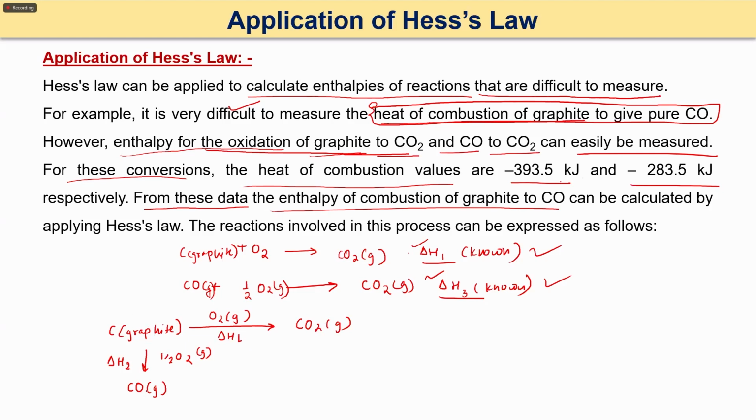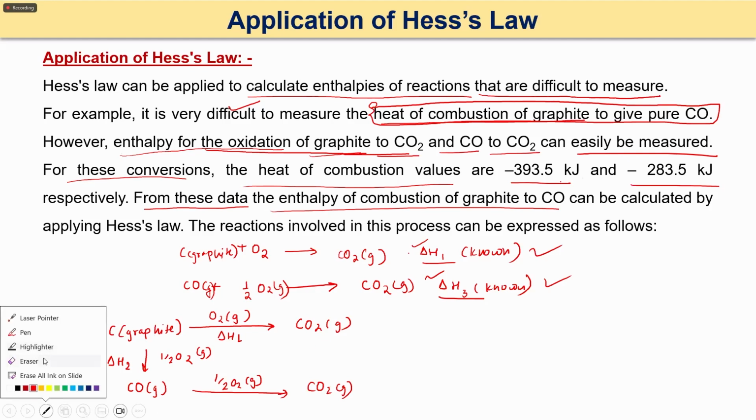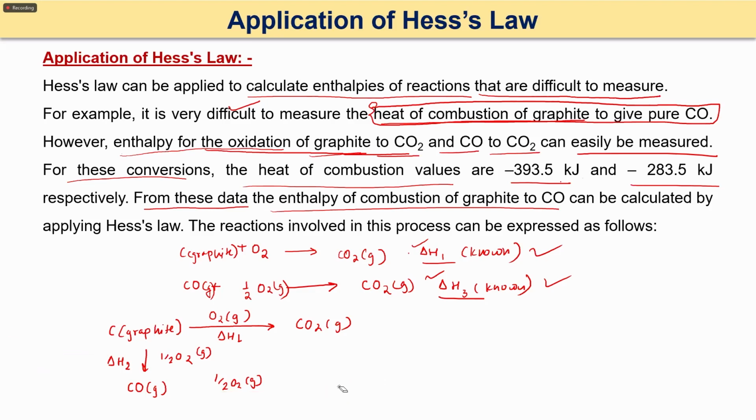Now, this CO, that is carbon monoxide, if it reacts with half a mole of oxygen gas, it will form CO2 gas, which is nothing but this one. We can simply write it like this.